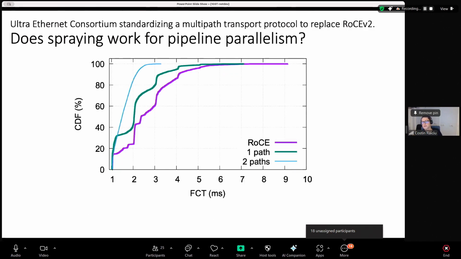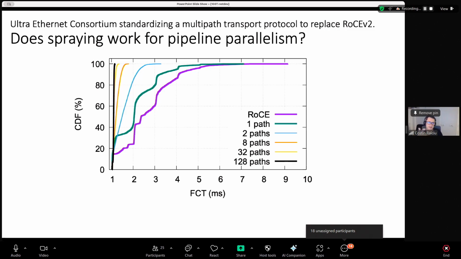So if you use 2 paths per connection, this is what you get: 8, 32, and then 128. And basically, what the UEC transport does is exactly this. For a single connection, it spreads the traffic across all of the available paths and allows you to get this.